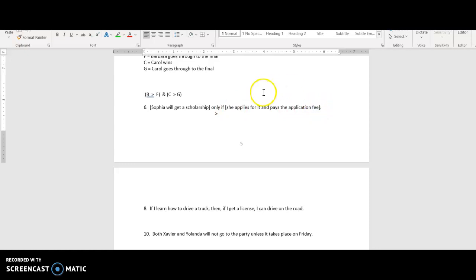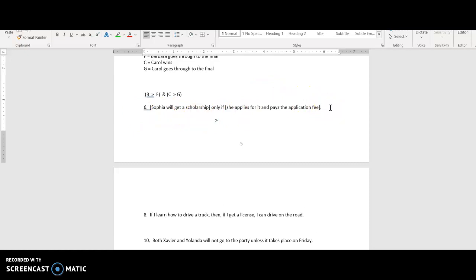All right. So the antecedent, Sophia will get a scholarship. Let's call that S. So that's our antecedent, just plain old S. It's an atomic sentence. Now what comes after the only if is a conjunction, something and something else. So it's going to have this form.